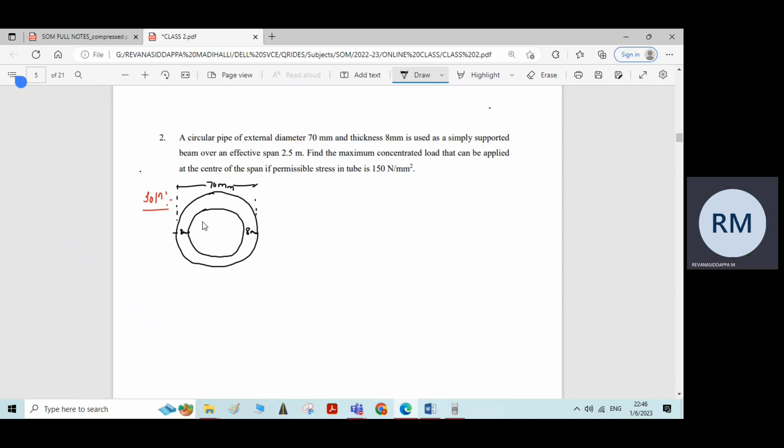So if the external diameter is 70 mm and the thickness is 8 mm, the internal diameter becomes 70 minus 8 millimeter minus 8 millimeter on both the sides. So which gives how much? 54 millimeter. So the internal diameter will be 54 millimeter.